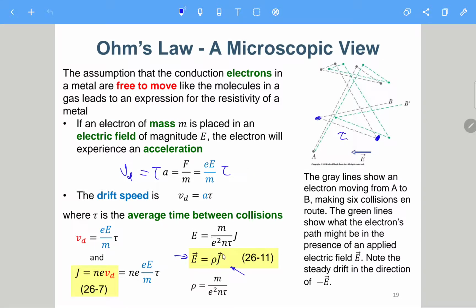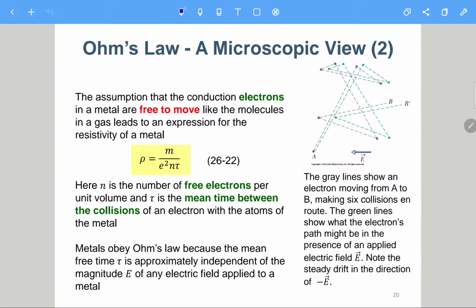We try to explain that there should be some mechanism showing that E and J should be proportional, and this is a constant only related to the material itself. So it becomes the field form of Ohm's law, and actually it is equivalent to V equals IR.